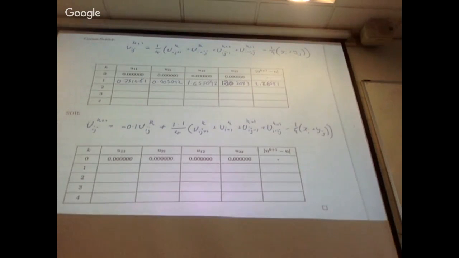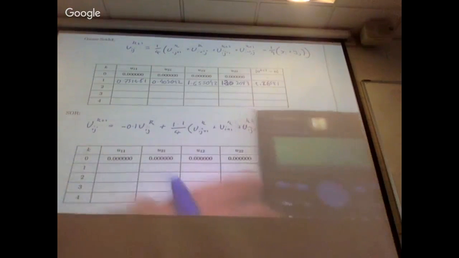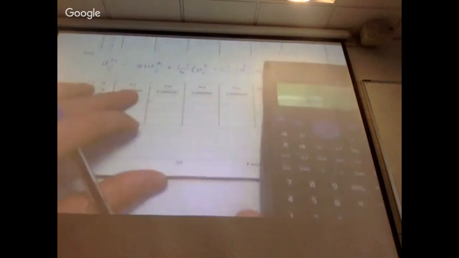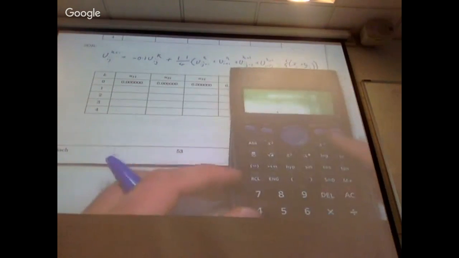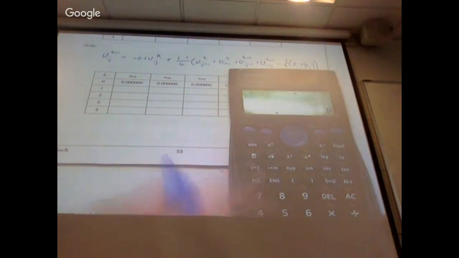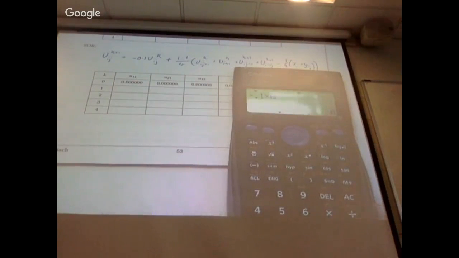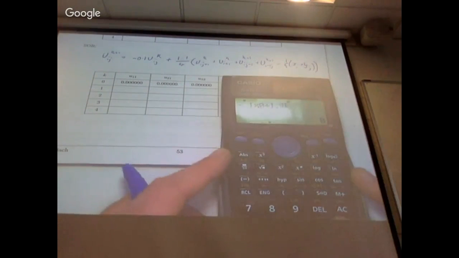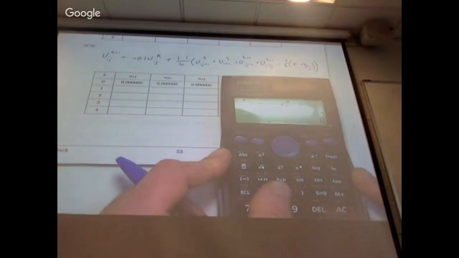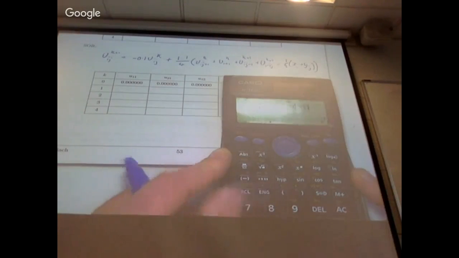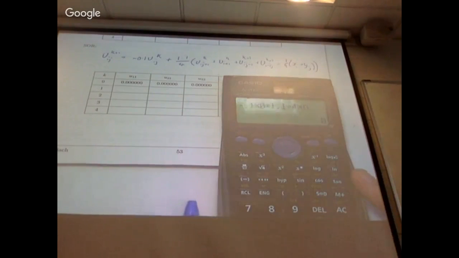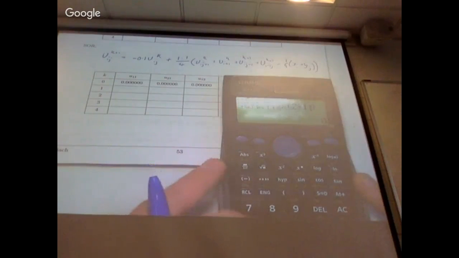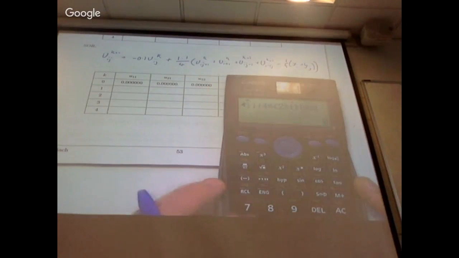For the first one, the boundary values were 1 and 2. So we have minus 0.1 times the current value, which is just going to be 0, plus 1.1 over 4 multiplied by 1 plus 1 plus 0 plus 0 minus 1/9 times 2/3.